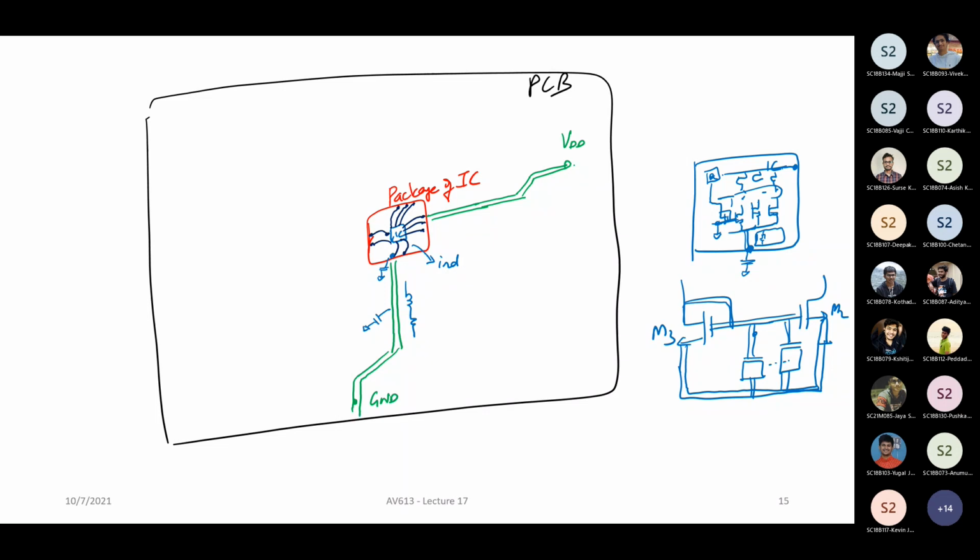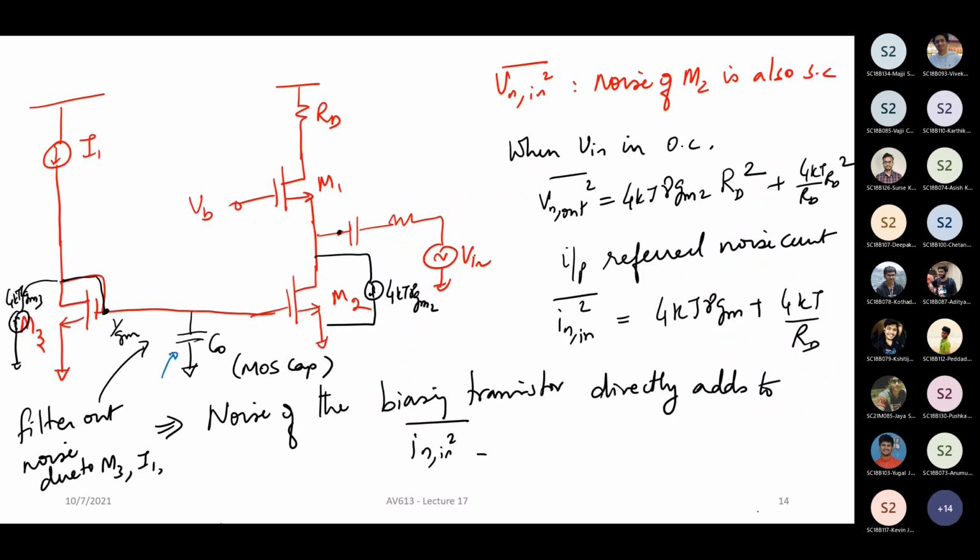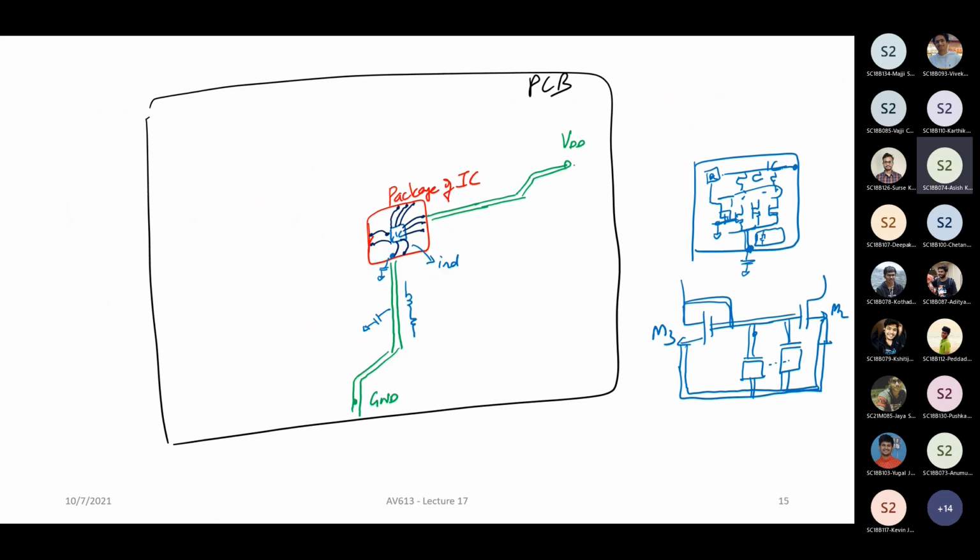And then it finally reaches here. You understood? So the capacitor that we are talking about is purely on chip. This capacitor, transistor, everything is on chip. Nothing is out of the chip. All right. Is it clear?